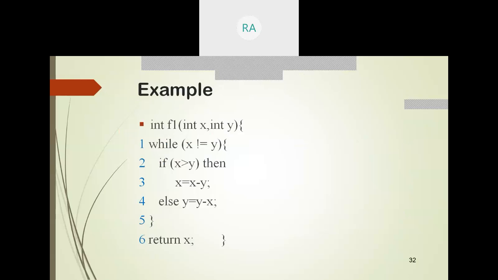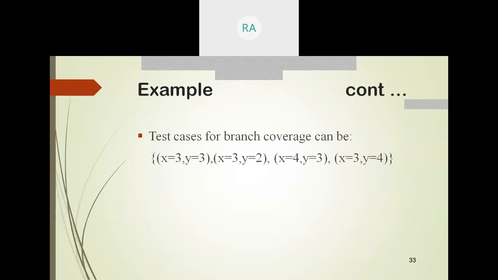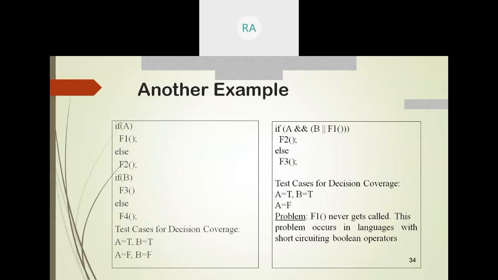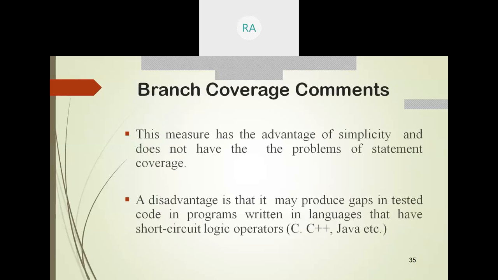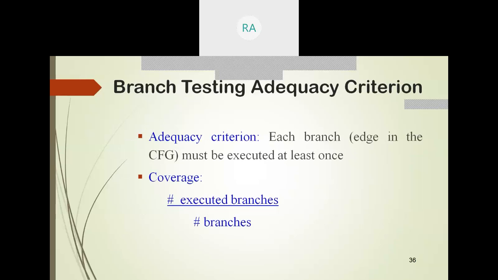Whenever you have conditional statements within the code, you apply branch coverage, and you test the outcome associated with each branch. We have already seen the measurement formula for branch coverage: exercised outcomes divided by the total number of outcomes, that is, executed branches divided by the total number of branches.